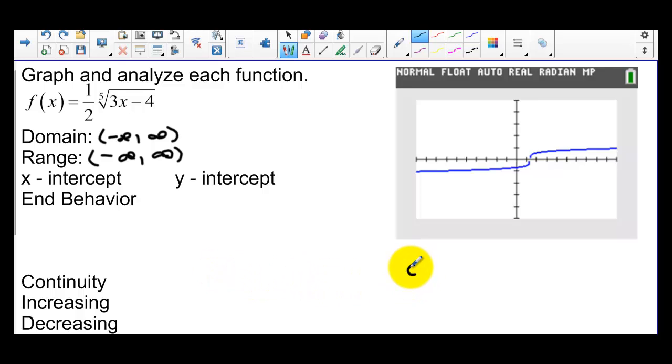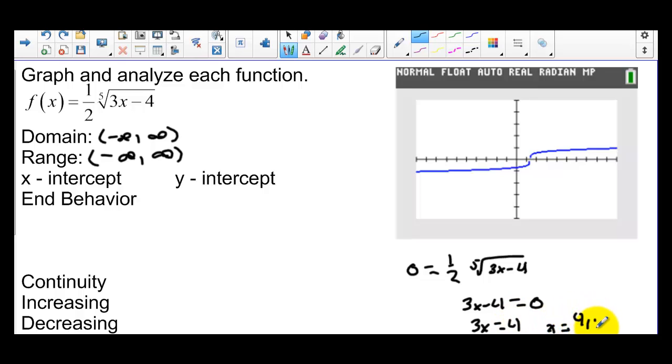So we plug 0 in for f of x, which is 1/2 times the fifth root of 3x minus 4. In order for this side to be 0, 3x minus 4 has to be 0. So we have 3x equals 4, divide by 3, and we have 4/3. So the x-intercept is 4/3, or 1 1/3.